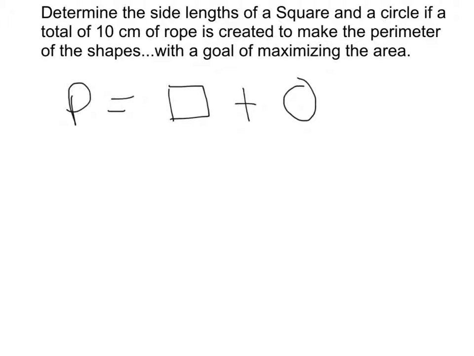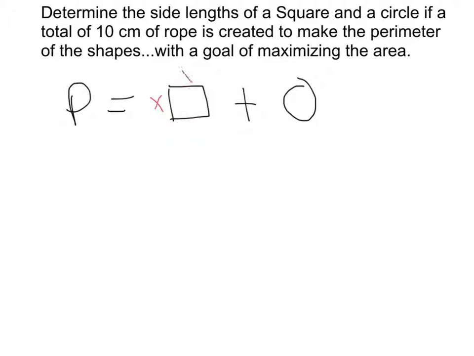decimals. So we've got 10 centimeters of rope to make a very tiny square and a tiny circle, and we want to make the most possible area with that rope. So given that we have a square and a circle, we're going to label some dimensions.